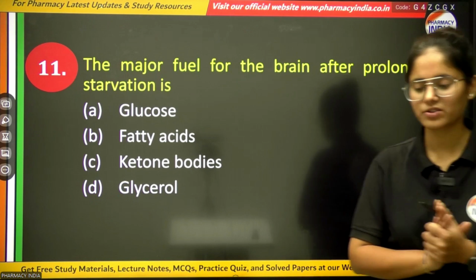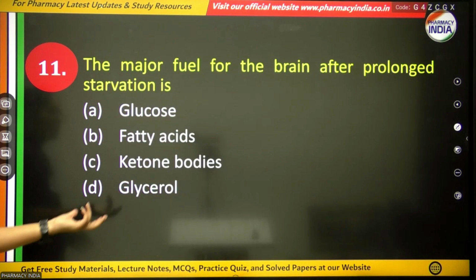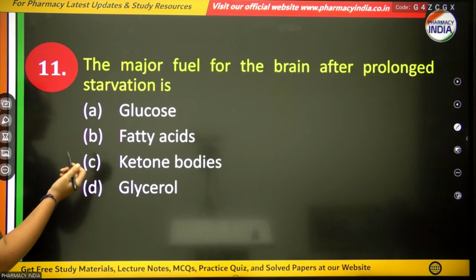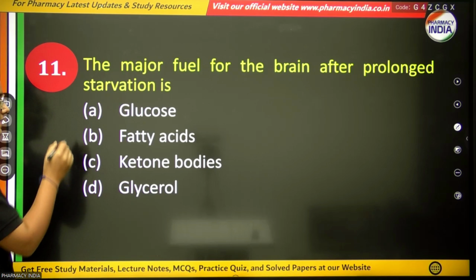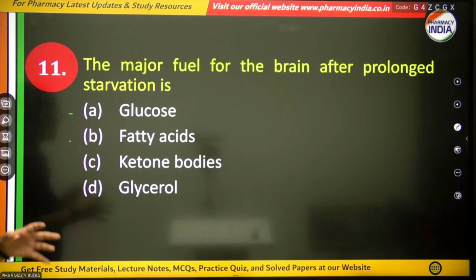Next question. The major fuel for the brain after prolonged starvation is glucose, fatty acid, ketone bodies or glycerol. So basically the question is asking from which of the following molecules your body gets fueled after a long prolonged starvation. Glucose, fatty acid and glycerol are not major fuel for the brain after prolonged starvation.